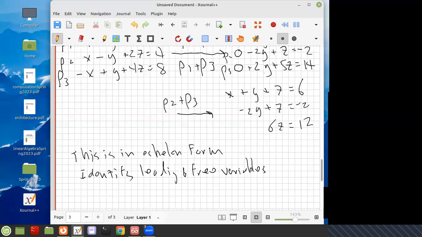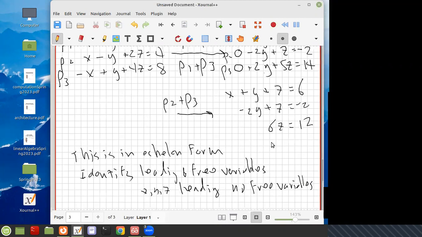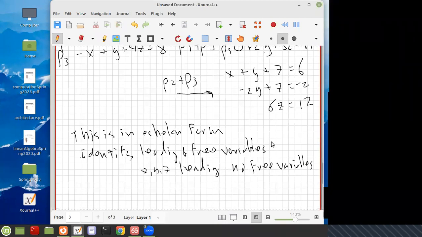So here, x is leading in the first row, y is leading in the second, z is leading in the third. So x, y, and z are leading, and there are no free variables. Now, once we get to echelon form, we do back substitution.